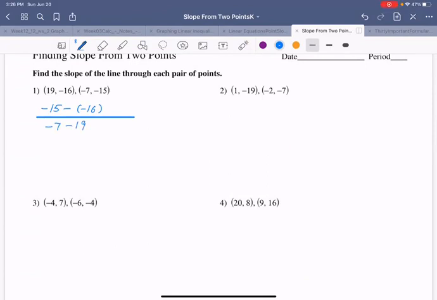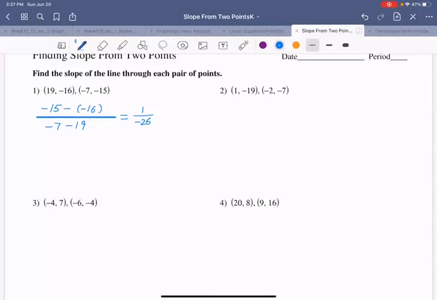Correct? So the top becomes 1, over negative 26.